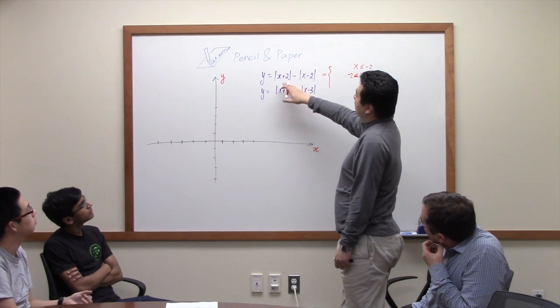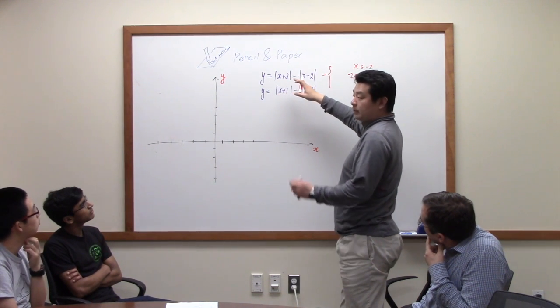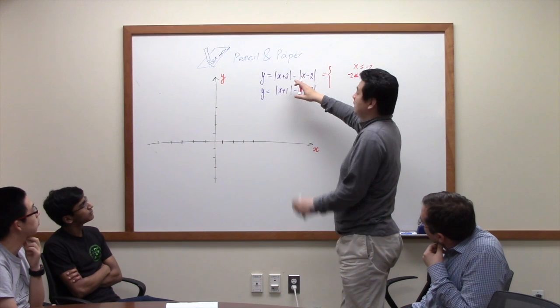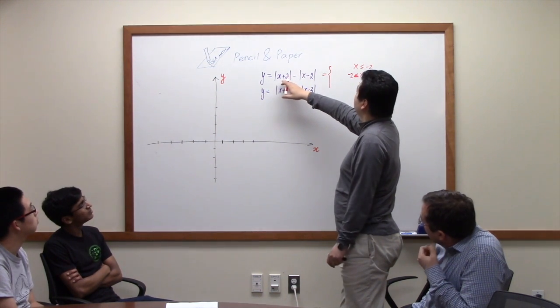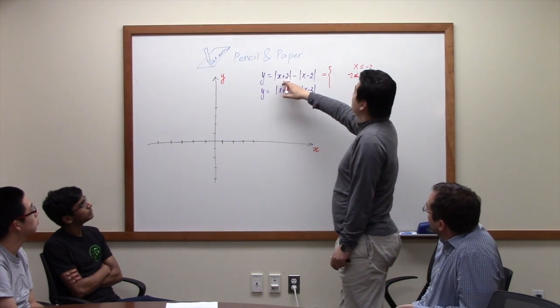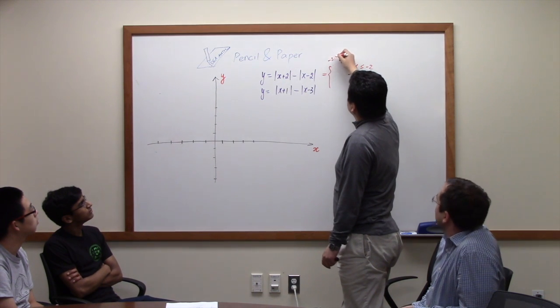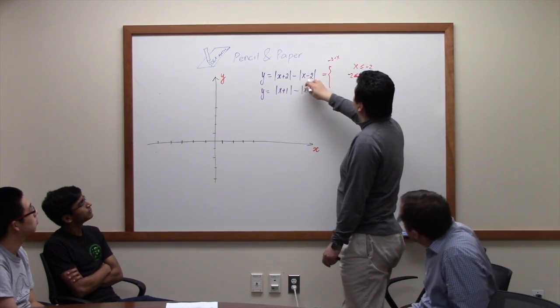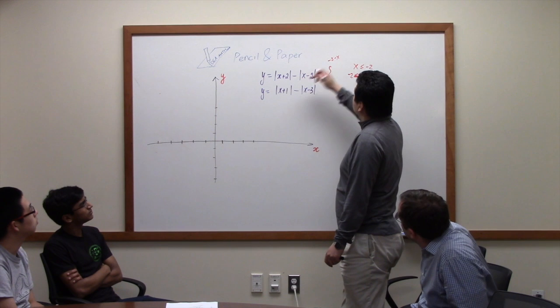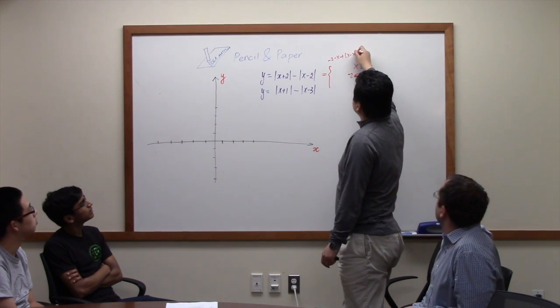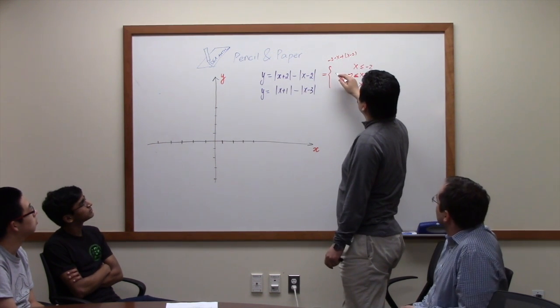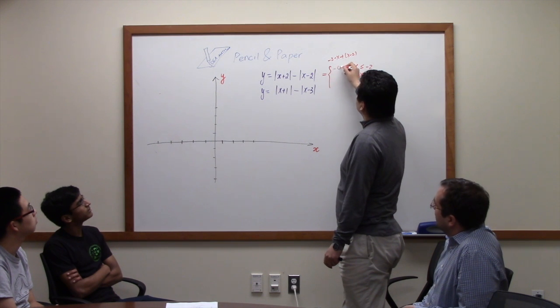Both will take a negative sign, but the values are still positive, right? So this will be -2 x, and this guy will be the minus of it, so plus x minus 2. So what you have is just -4.